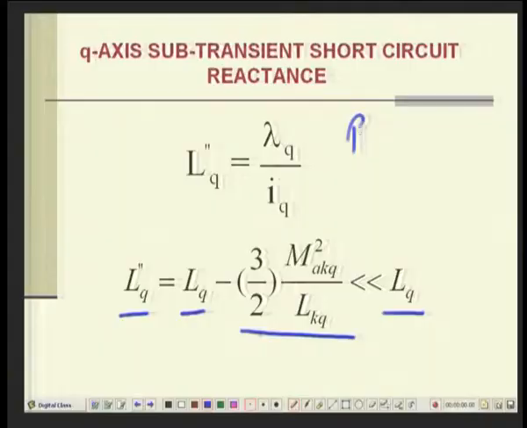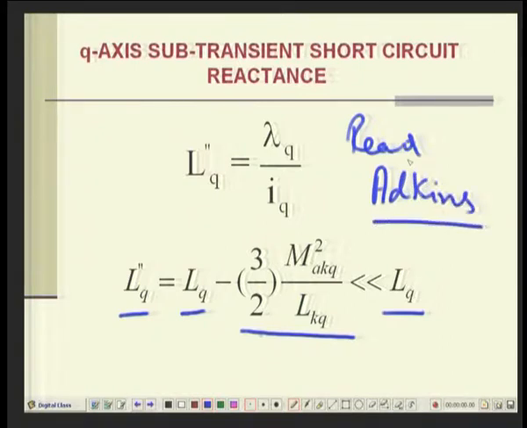You can always say it is like a transformer with the secondary short circuited. So, looking from the primary side, you will have a net reactance, is it not? Okay. In fact, I suggest you also read Adkins' generalized theory of machines. He has also dealt with it quite nicely, I must say. Because these are things you need to know, whether you are working on machines or power systems.